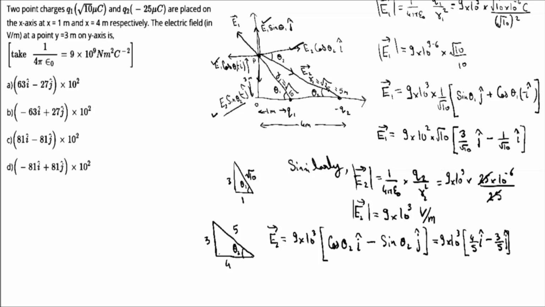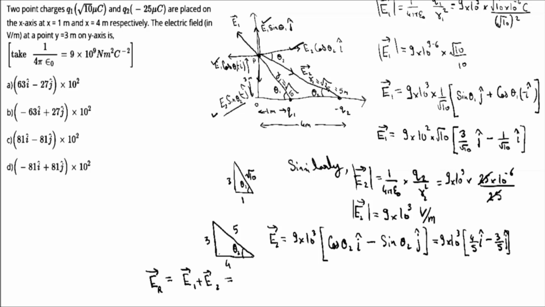If we need to find the resultant, which is ER, we need to add these two vectors, E1 plus E2, the full vectors.